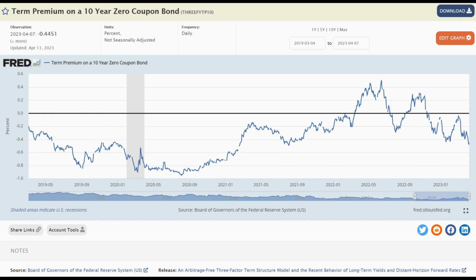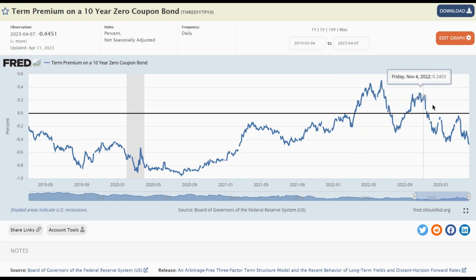The fact remains that the term premium has been falling steadily since it got into positive territory back in the middle of last year, when the market was more or less in turmoil and people had less certainty about where inflation was going and therefore what the absolute level of interest rates would be.